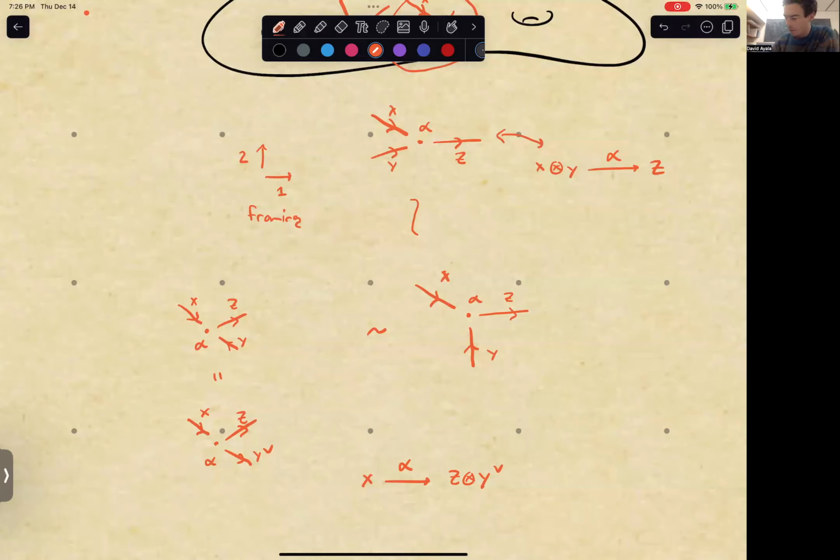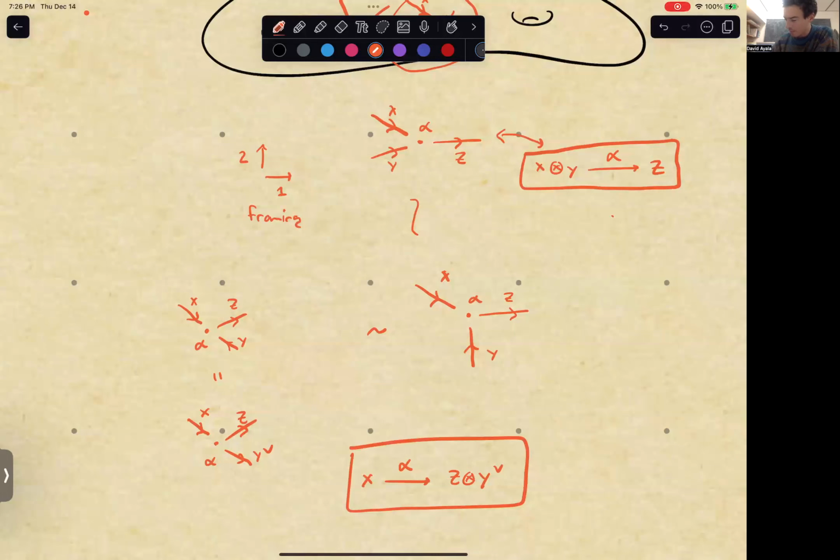So all told, however we're interpreting these pictures, it should be such that these two data are the same, and in a monoidal category in which every object has a dual, they indeed are the same data.